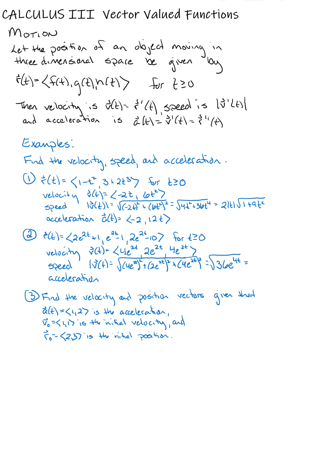And we can actually take the square root of all of that. That gives us 6e to the 2t. All right, there we go.